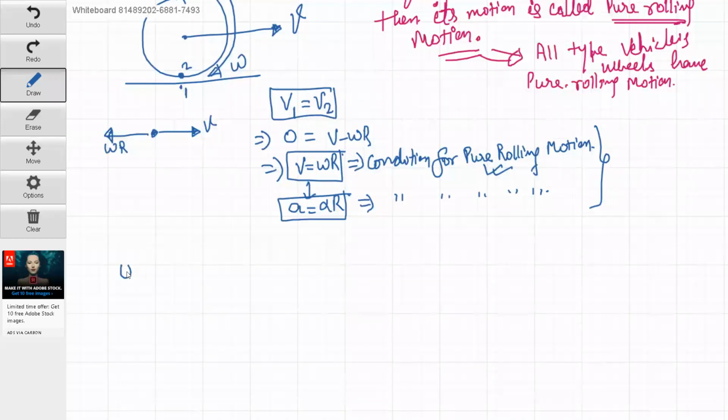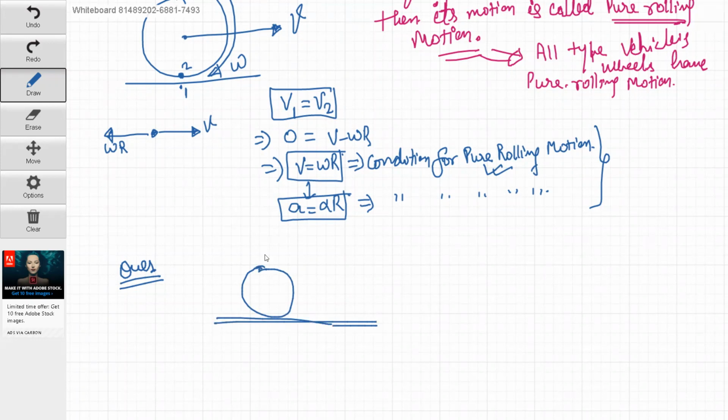So let me take an example. Initially, I am taking a very easy example. Suppose this is the object, radius is 0.1 meter. This is going in this direction with a velocity of 10 meter per second and moving with omega in this direction.